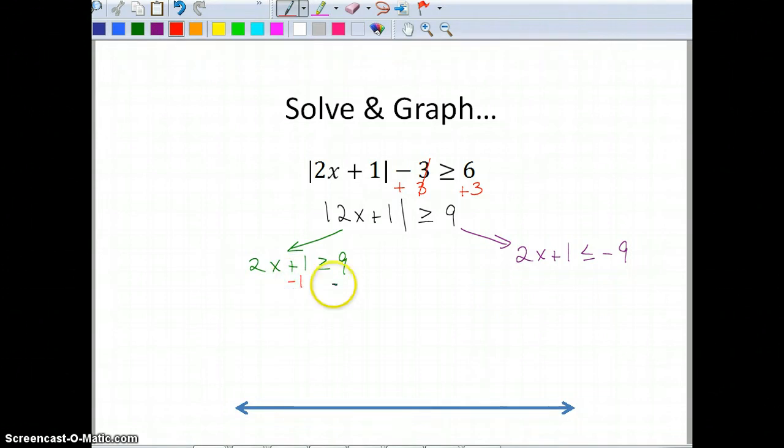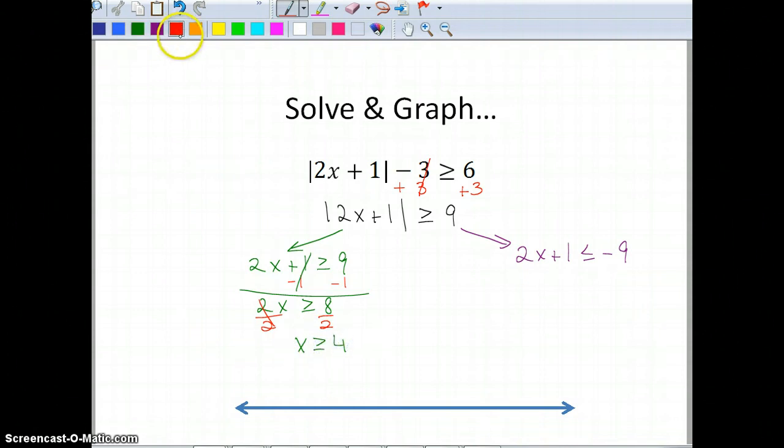So now I'm going to subtract 1 from each side. So I have 2x is greater than or equal to 8. Divide both sides by 2. And that gives me x is greater than or equal to 4.